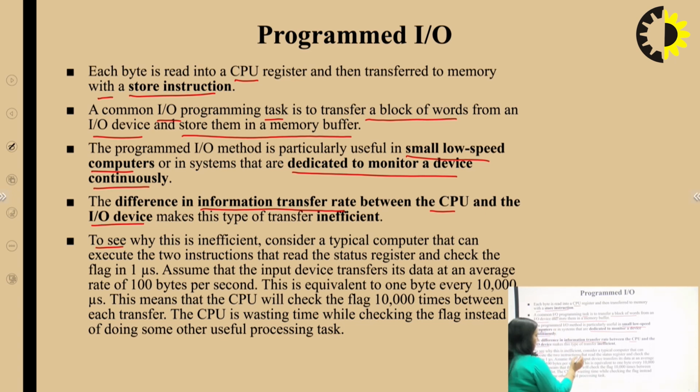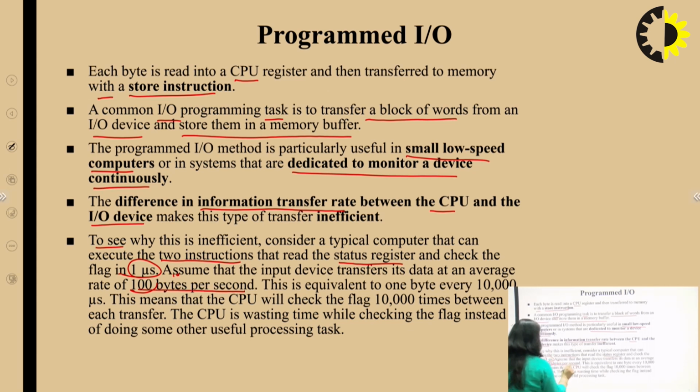Consider a typical computer that can execute the two instructions that read the status register and check the flag in 1 microsecond. Assume that the input device transfers its data at an average rate of 100 bytes per second.